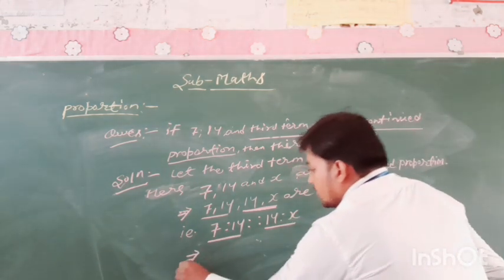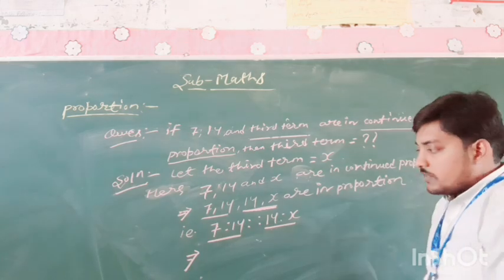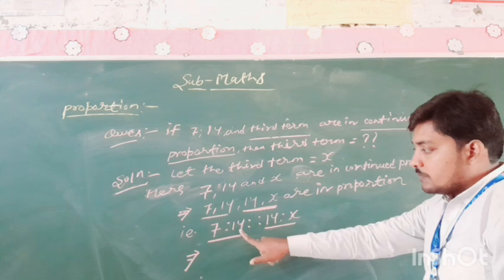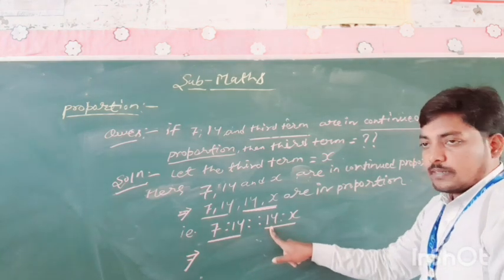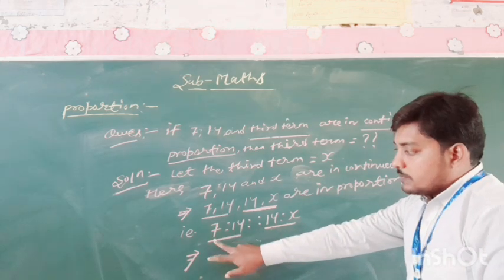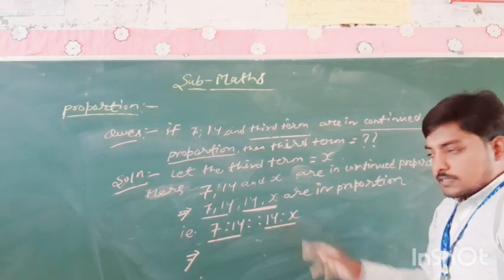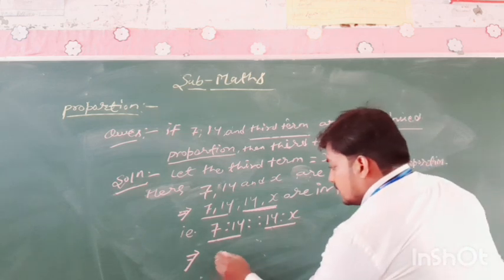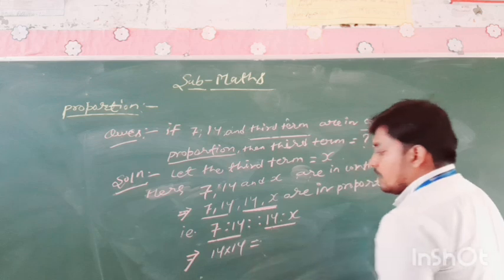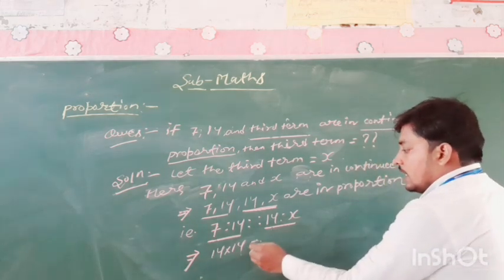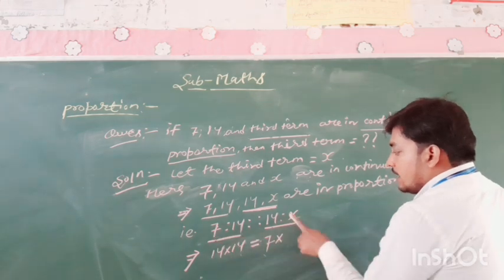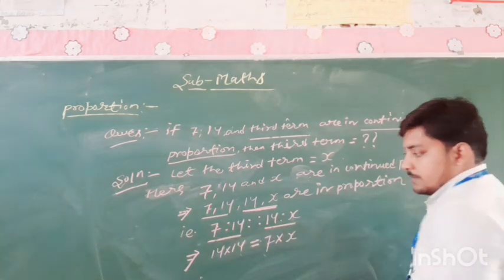This implies that product of means is equal to product of extremes. Here product of middle terms, it means product of 14 into 14, and product of extremes, it means product of 7 and x. So 14 into 14, which is product of means, is equal to product of extremes, which is 7 and x.